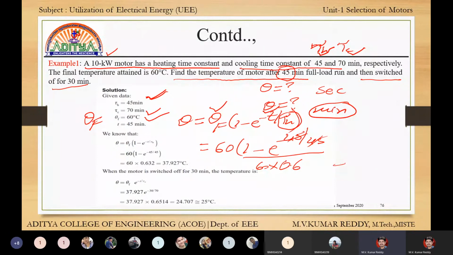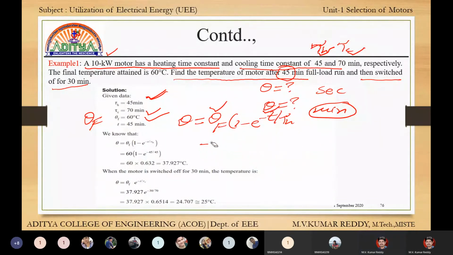And for the second one, he asked for after 30 minutes. After 30 minutes, the motor is cooling. Whenever the motor is cooling, theta is equal to theta f into e power minus t by tau c.